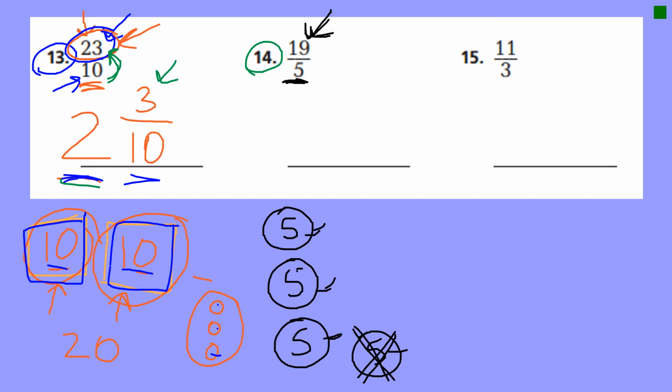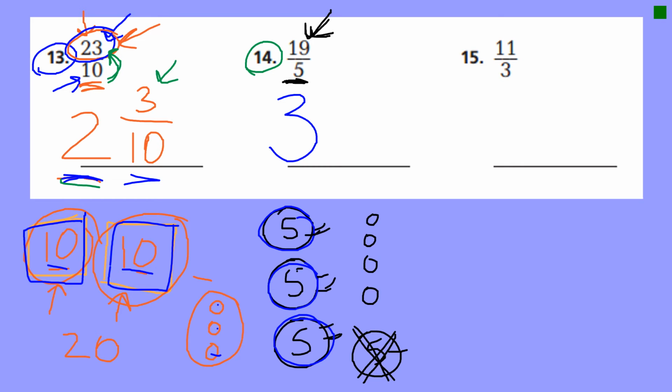We made 1, 2, 3 whole things out of the 19 pieces. We didn't use all 19 though, did we? So we used 5, 10, 15, 16, 17, 18, 19.